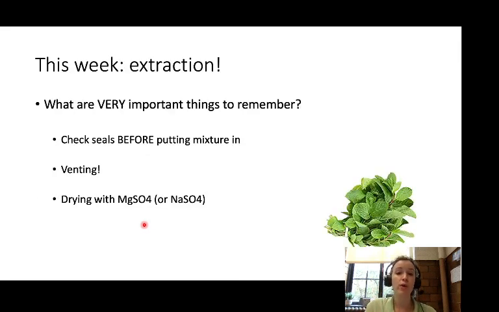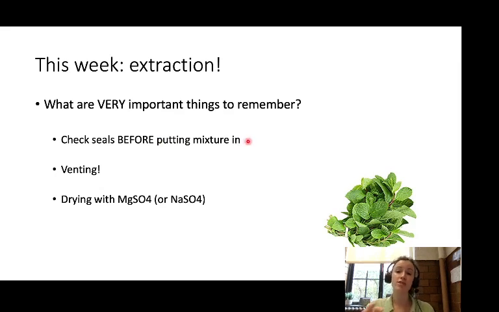So, how are we going to get all of these compounds? We're going to do it through extraction. And let's walk through the steps of this and the important parts because we don't want any disasters in the lab, and I expect no disasters this week. There are a couple very important things to remember.